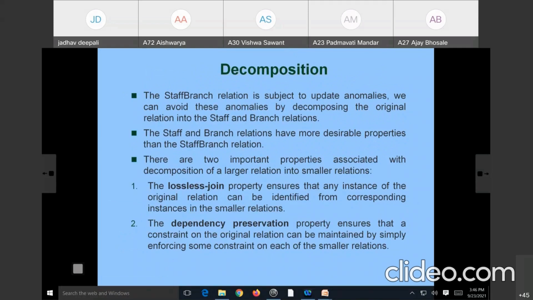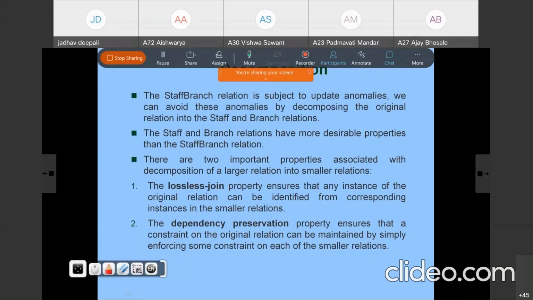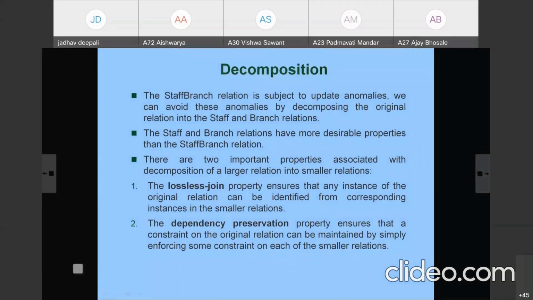One way to avoid these anomalies is by decomposing the original relation into two relations, staff and branch. Staff and branch relations have more desirable properties than the staff branch relation.